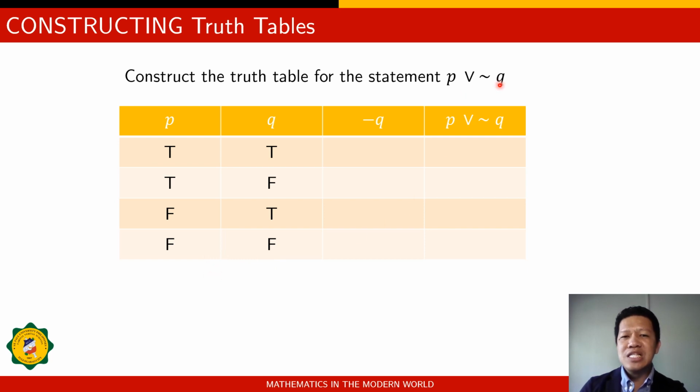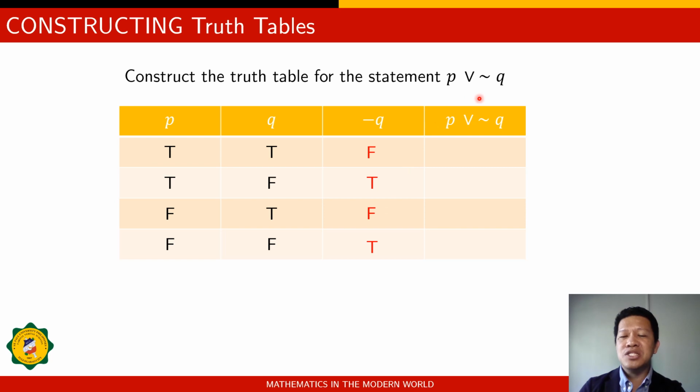Since in our given statement we have not Q, we need to add another column for that, not Q. If Q is true, the negation is false. If Q is false, the negation is true. And if Q is true, the negation is false. And if the given Q is false, the negation is true.